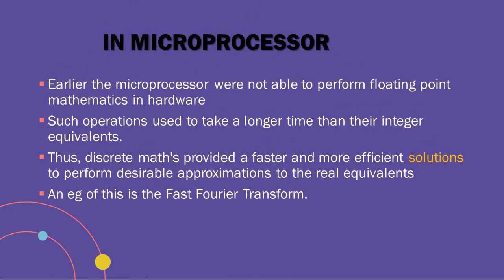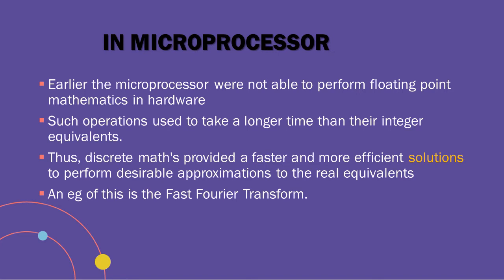Microprocessor. I'm not a master of microprocessors, but I just learned these things. Earlier microprocessors were not able to perform floating point. Once discrete mathematics was used, they got floating point. Or better, I give the example of the fast Fourier transform.